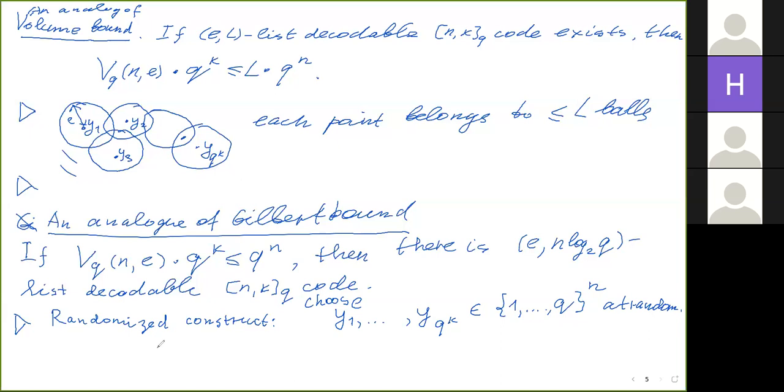Okay, now we need to upper bound the probability that we do not obtain an (E, L) list decodable code. So we need to upper bound the probability that this bunch of Y's is not (E, L) list decodable.